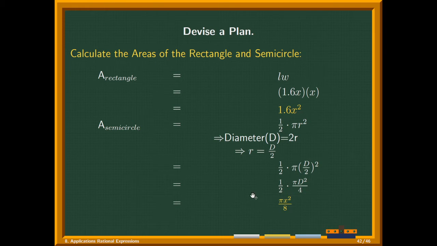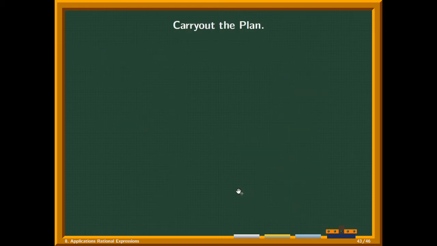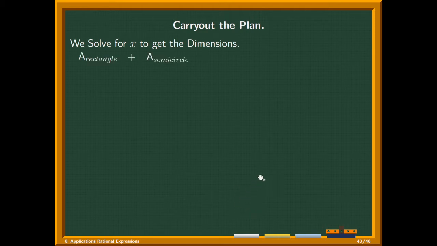Okay. So next is to carry out the plan. We solve for the dimension x. Area of a rectangle plus area of a semicircle, if we add the two areas, will be equal to 2,822.4 square inches.